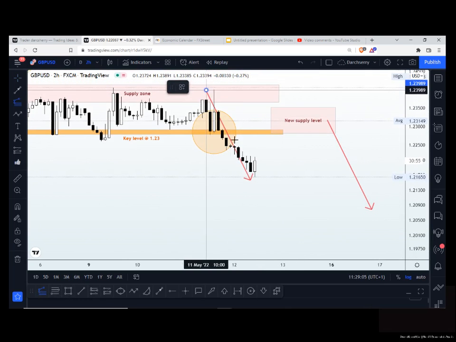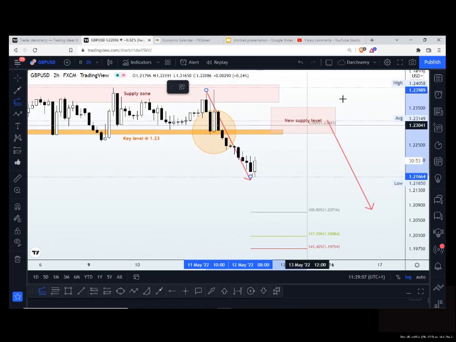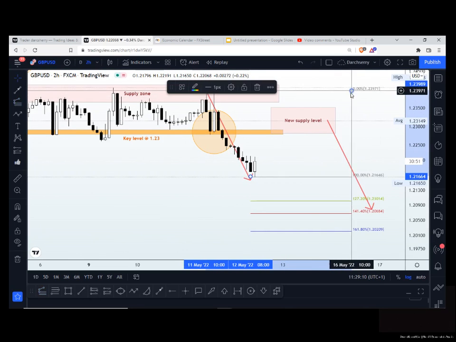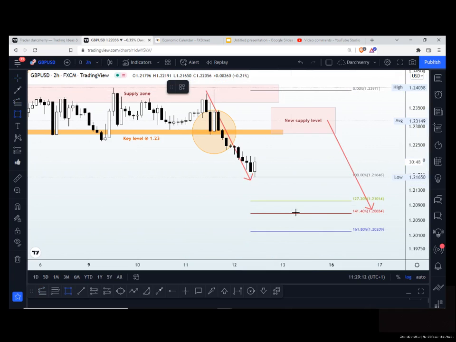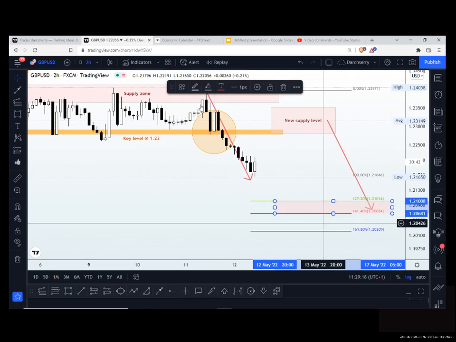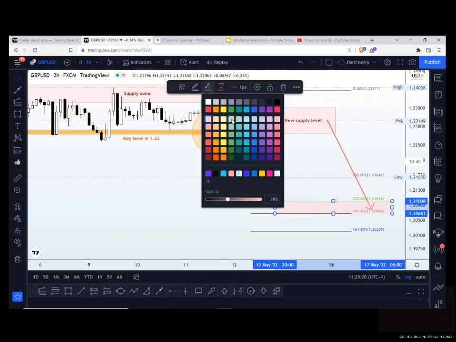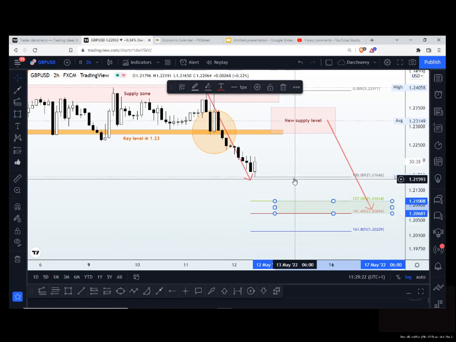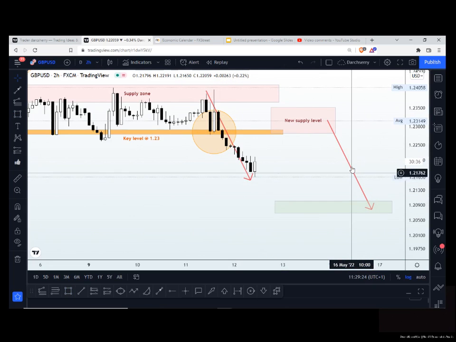1.272 extension of this impulse leg, which might fall around this area based on this impulse leg that we identified, which we've not yet confirmed, but we just have to do that for the sake of this video.